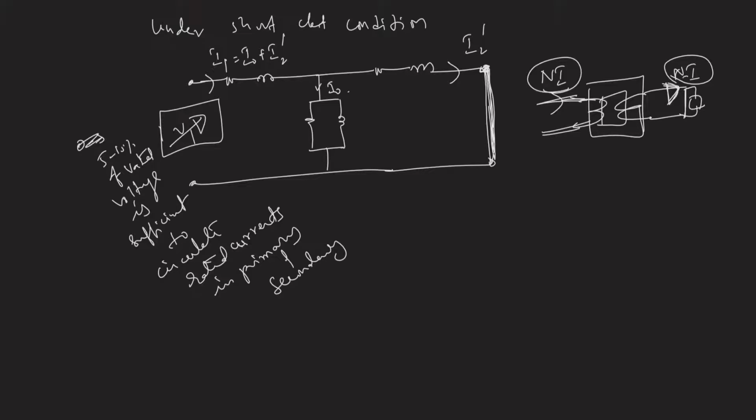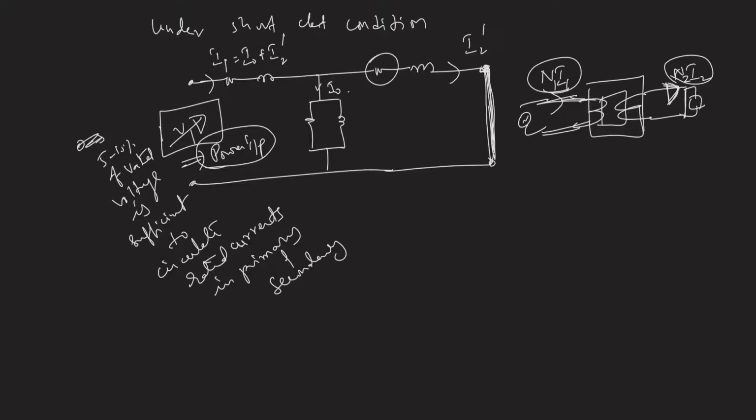If this is N2 I2, then the corresponding N1 I1 ampere turns are drawn from the source, right? So if I measure the power input under this condition, the wattmeter will also show the secondary side copper losses, right?